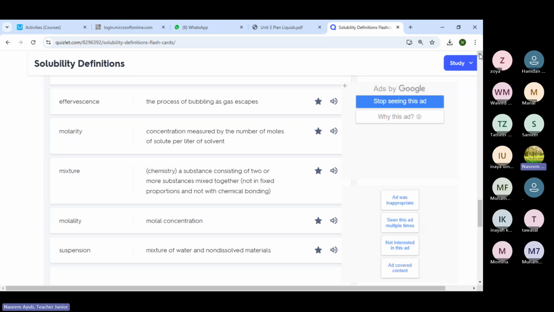Okay. Anyone else? Anyone else? The molarity definition is written on the screen that I have shared. Can you just simply define it in easy words?